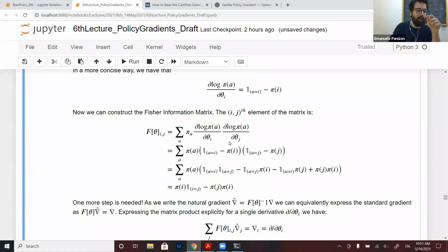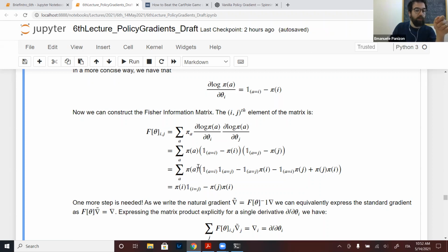So just replacing, we have the sum over all possible actions of the probability of taking an action, times 1 but only if a equals i, minus πi, times 1 but only if a equals j, minus πj. This is a product of two terms, so there are actually 4 terms.